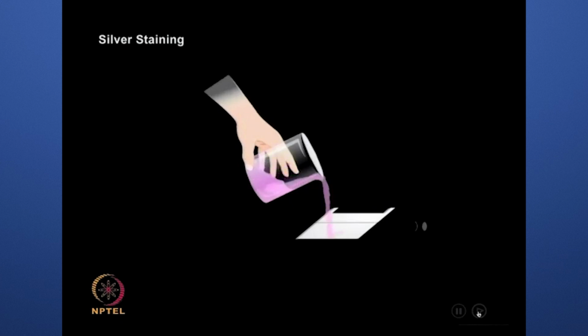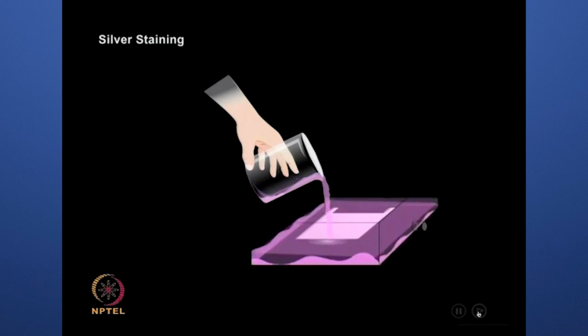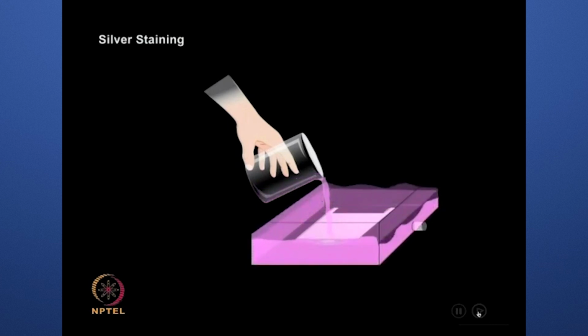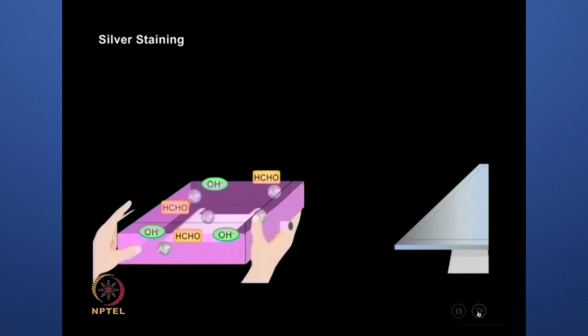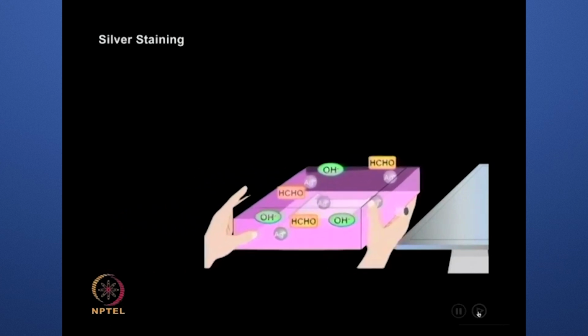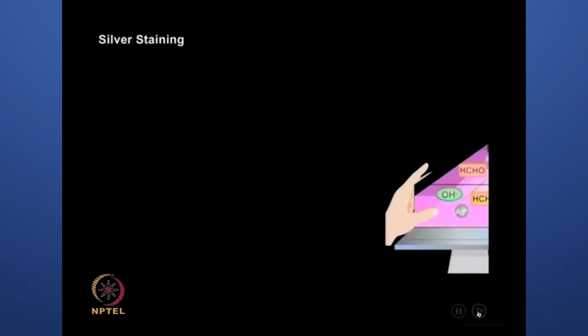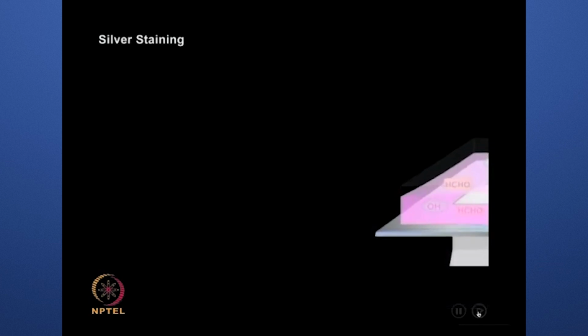Formaldehyde in an alkaline solution in the presence of sodium carbonate or other alkaline buffers are commonly used for this process. Again, a gentle rocking will allow for a uniform staining pattern.